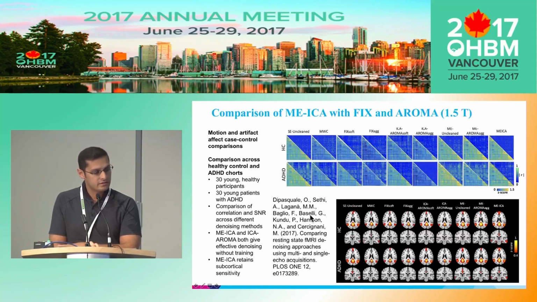There's a good study by Ottavia Di Pasquale where she compared multi-echo fMRI denoising methods in an ADHD study comparing healthy controls and ADHD patients.